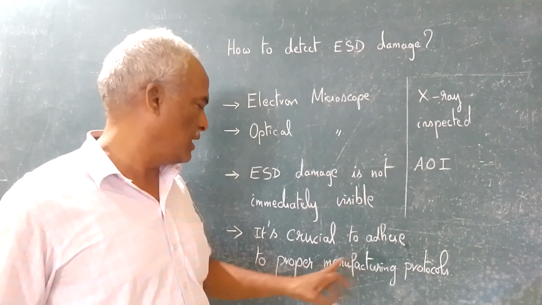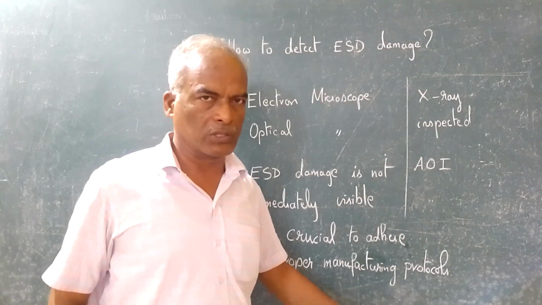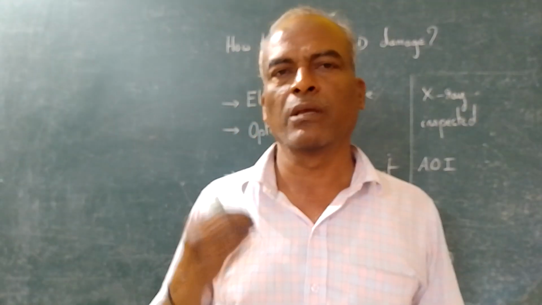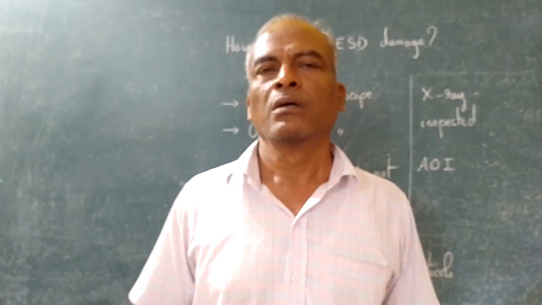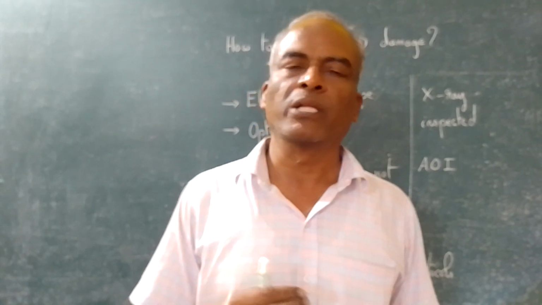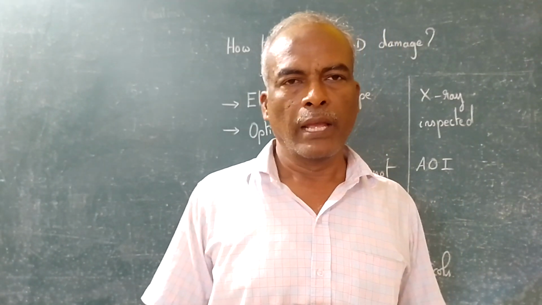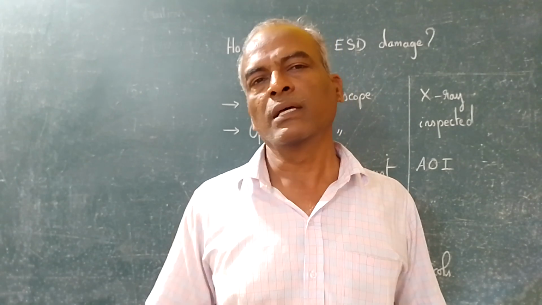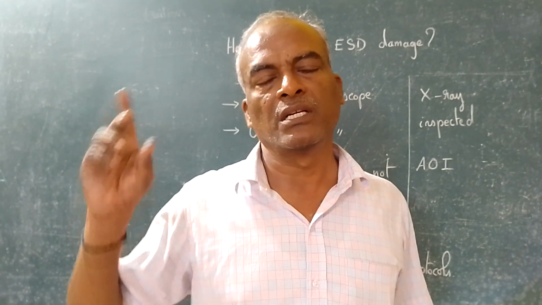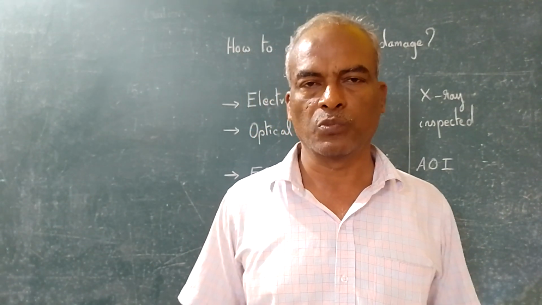It is crucial to adhere to proper manufacturing protocols. You should not violate the manufacturing protocols that have been told to the employees who are working on the line, right from the beginning till it reaches the customer. Everyone is responsible.